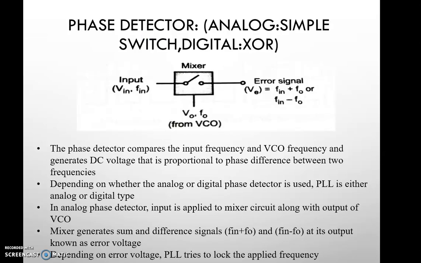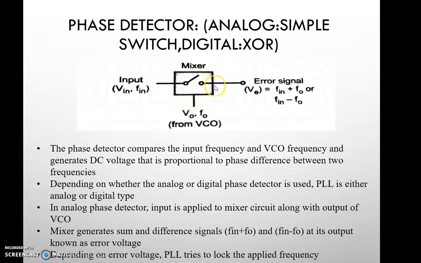So, we will see what are phase detectors. In phase detectors, the input frequency and the VCO frequency are compared, and depending on whether the phase detector is analog or digital, the PLL is known as an analog type or a digital type. In analog, the input is applied to the mixer along with the output of VCO.